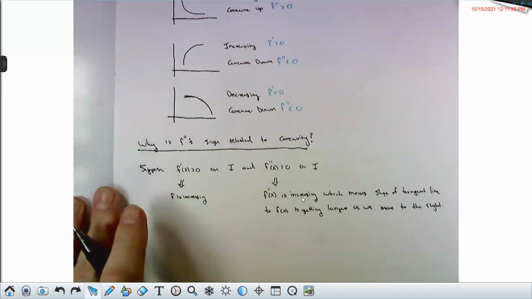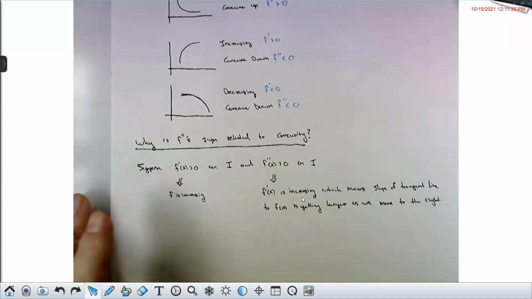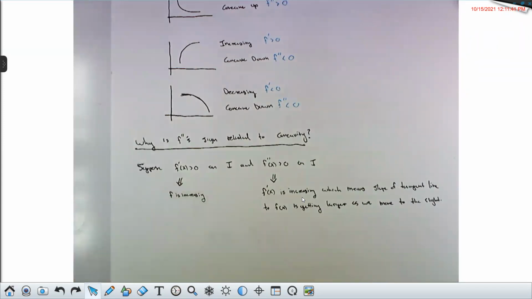So f double prime is the derivative of f prime. F prime tells you the slope of the tangent line to f. So if f double prime is positive, that means that the slope of the tangent line, which is f prime, must be increasing as you go from left to right.